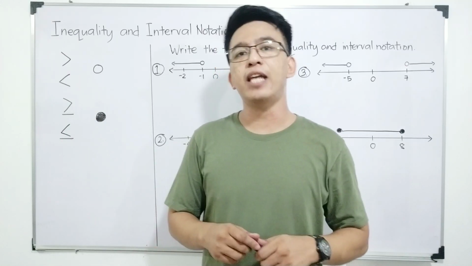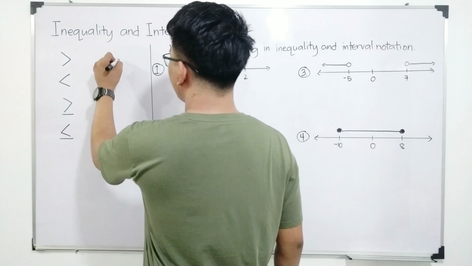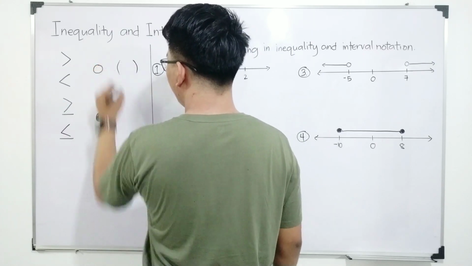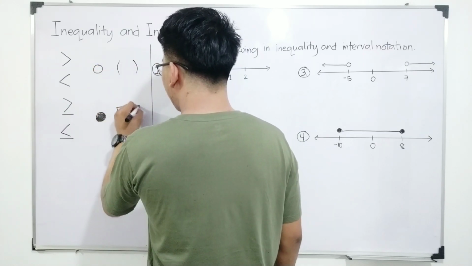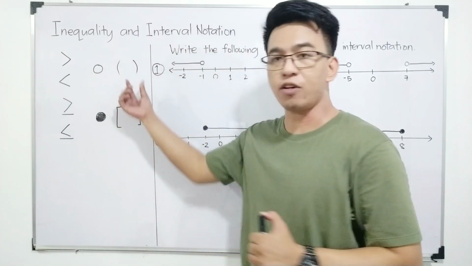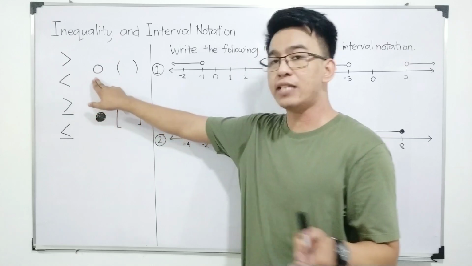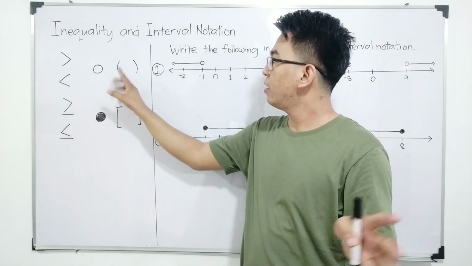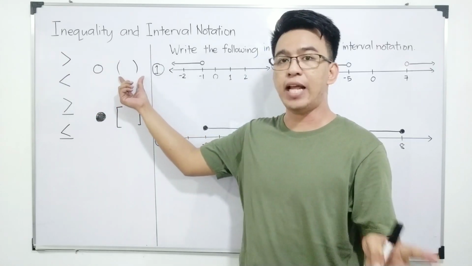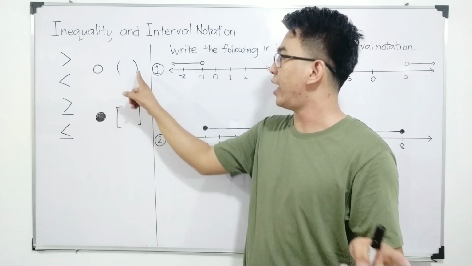Another thing na dapat na maintindihan ay yung tinatawag natin parenthesis at yung bracket. Ito naman ay para sa interval notation. Kapag meron kang greater than, less than, open circle, it's either parehas mong gagamitin itong parenthesis natin or isang piraso lang.